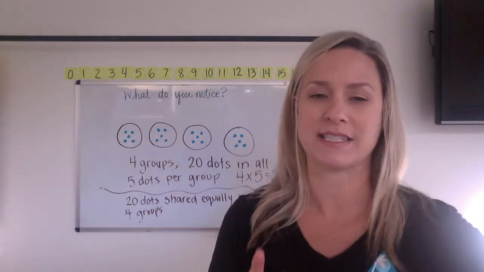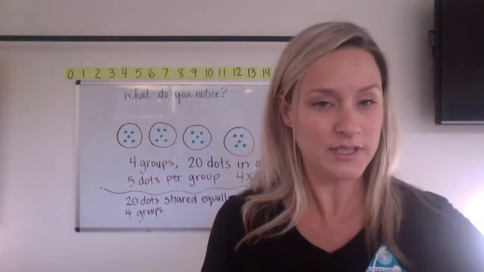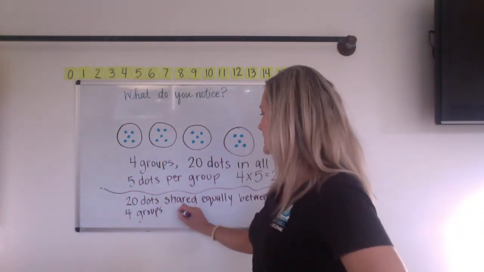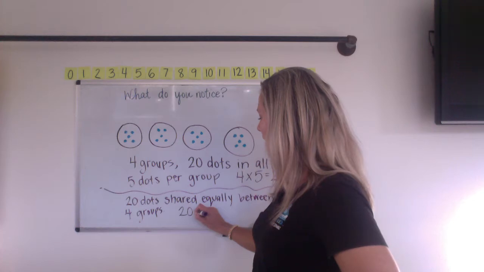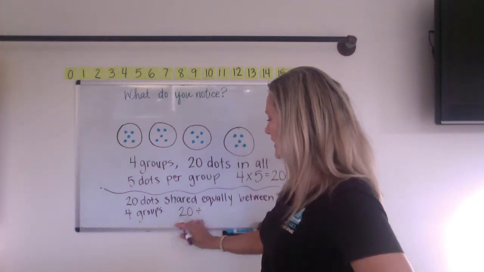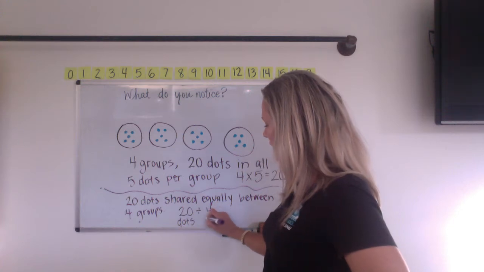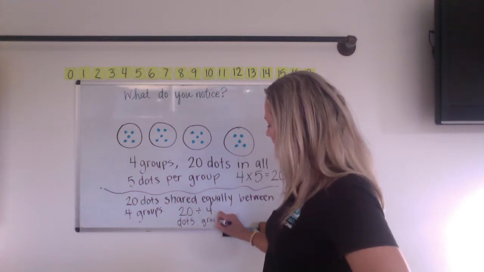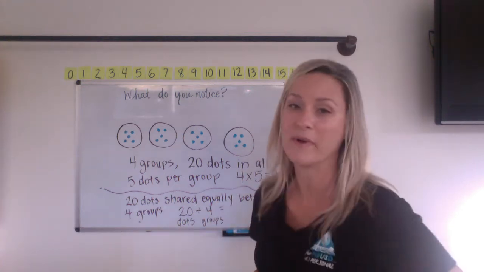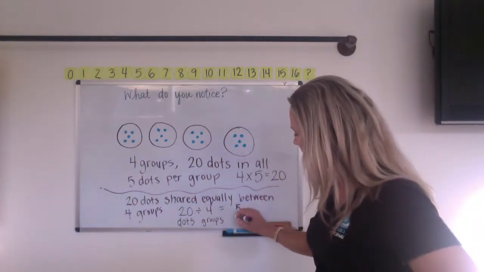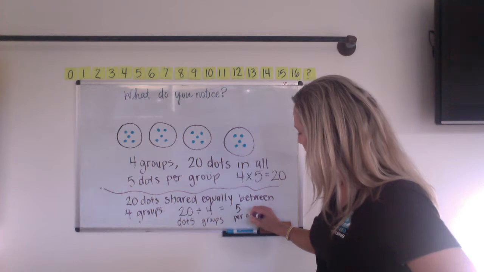So every group has the same number of dots. That's very important in division, right? So we're sharing equally. So 20 divided by 4 groups, so 20 dots divided by 4 groups gives us how many blue dots per group? Well, that would be 5 per group.